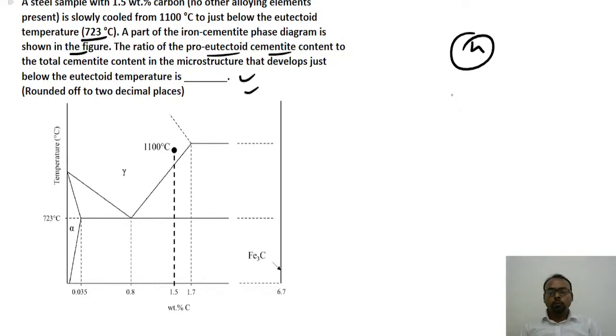So basically what we have to find out in this question is the ratio of the pro-eutectoid cementite content to the total cementite content. This is one diagram we have been given, the iron carbon diagram, and in this diagram we have to find out one ratio between the pro-eutectoid cementite content and the total cementite content.